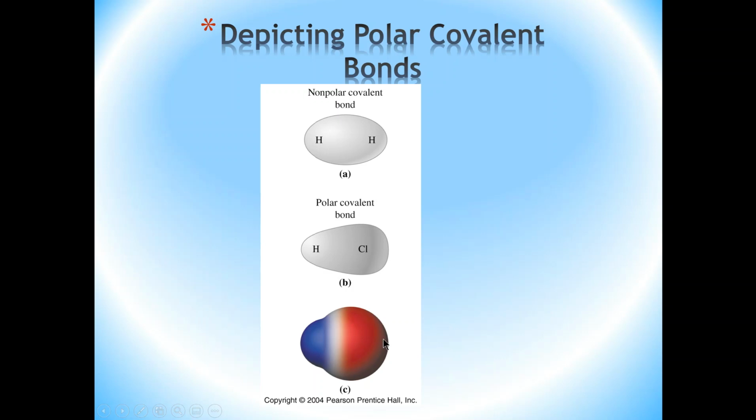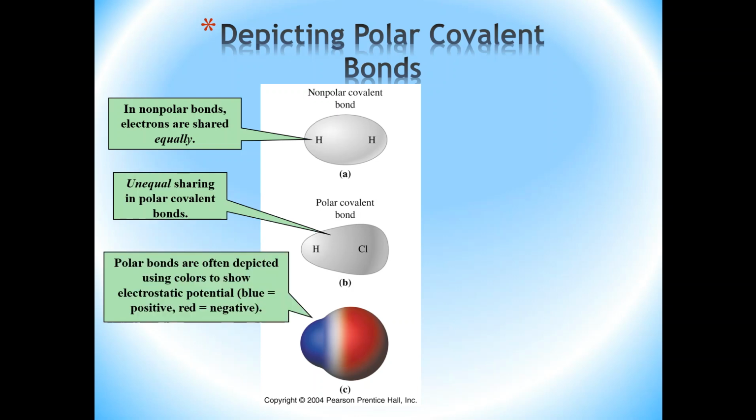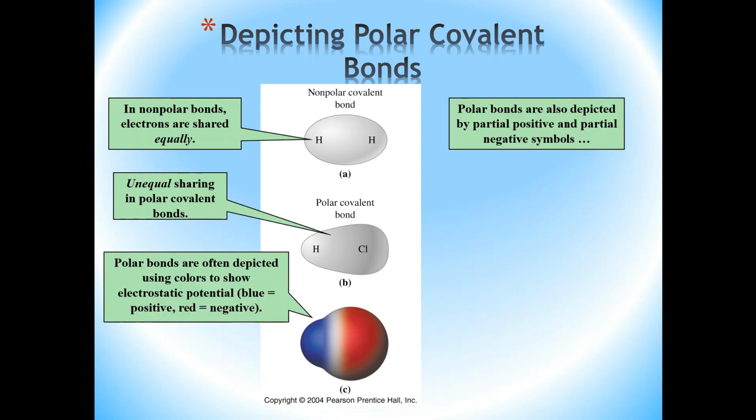And then this picture here is called an electrostatic molecular diagram. Basically, it's used to give you a picture of what the distribution of the electrons is. The reddish region represents the negative end of the bond between the hydrogen and chlorine, and the blue represents the positive. So these are different ways of depicting polar covalent bonds. But you have some other ways as well. For example, you can represent the polarity of the bond using these symbols.